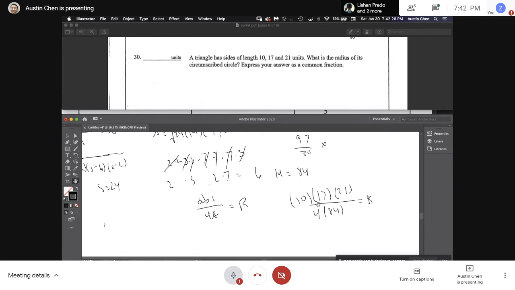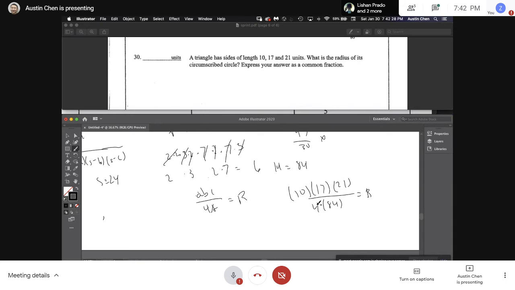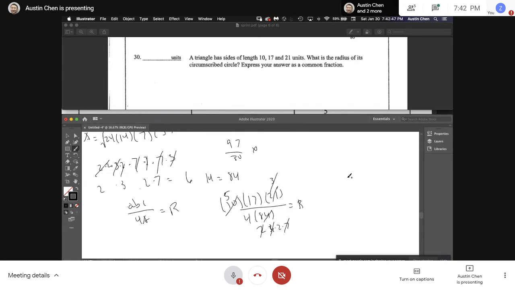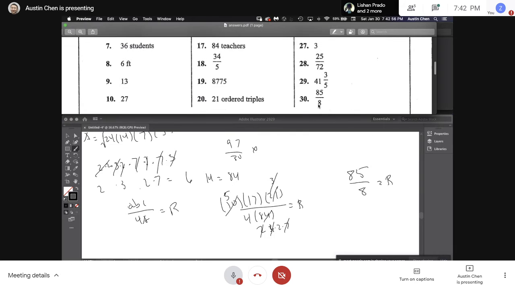Now you just want to cancel factors on top and bottom. 84 was just 2 times 3 times 2 times 7. Take out a 7 from 21, take out a 3 here, take out a 2 like that. And then we have 85 over 8 is equal to the circumradius. And that is our answer.